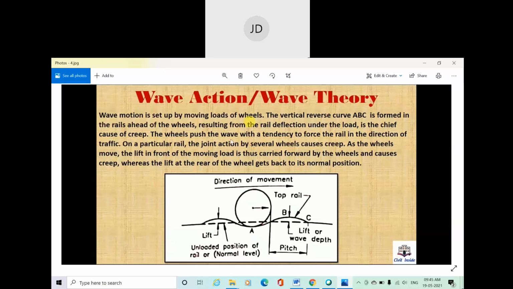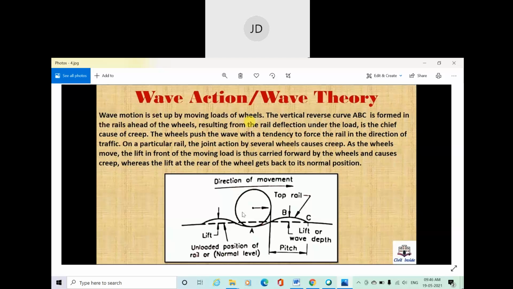The wheel pushes the wave with a tendency to force the rail in the direction of the traffic. On a particular rail, the joint action of several wheels causes creep. As the wheel moves, the lift in front of the moving load is carried forward by the wheel and causes creep, whereas the lift near the wheel gets back to its normal position.